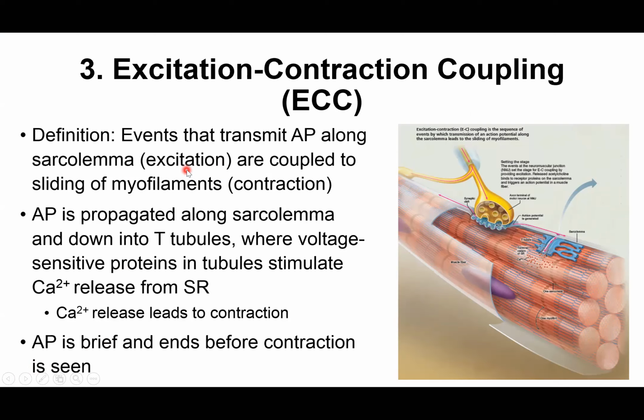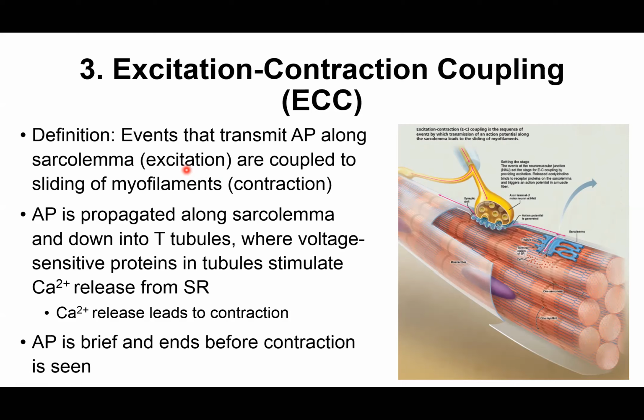And excitation contraction coupling basically just combines the 2 ideas that we were just talking about, combining the idea that the sliding filament model is occurring at the same time as when our cells are being excited.